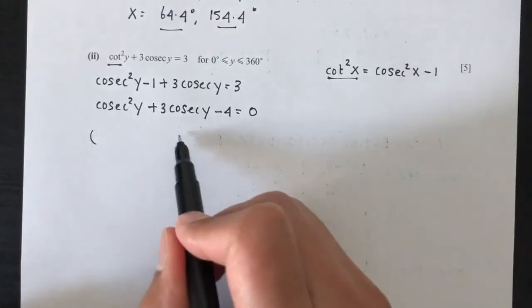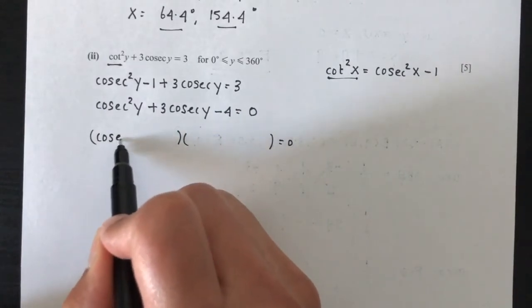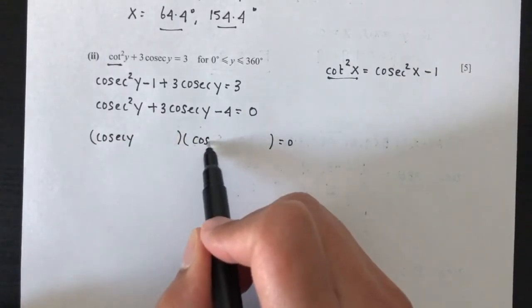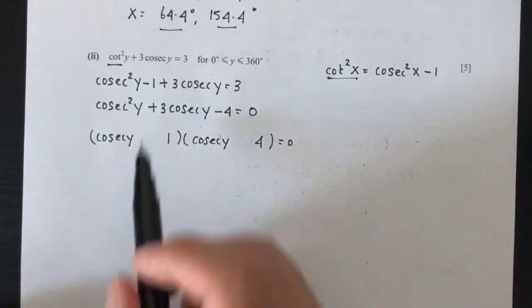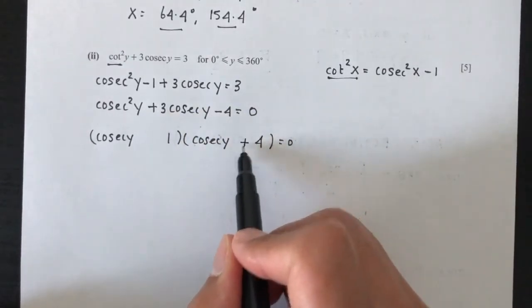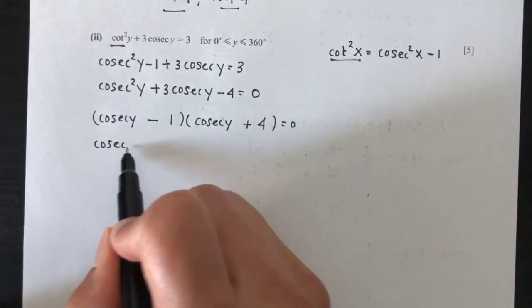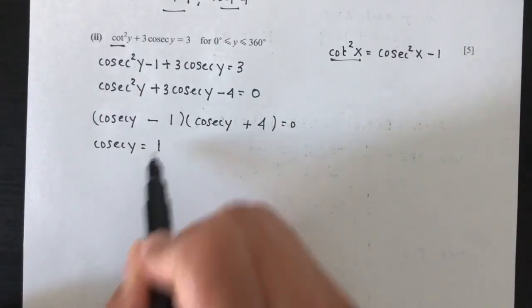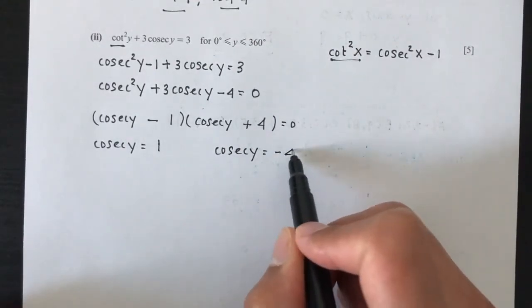Now factorize. This is cosec y and cosec y. 4 is 4 times 1. To get plus 3, we have to do plus 4 minus 1. So first value is cosec of y is equal to 1. And cosec of y is equal to minus 4.